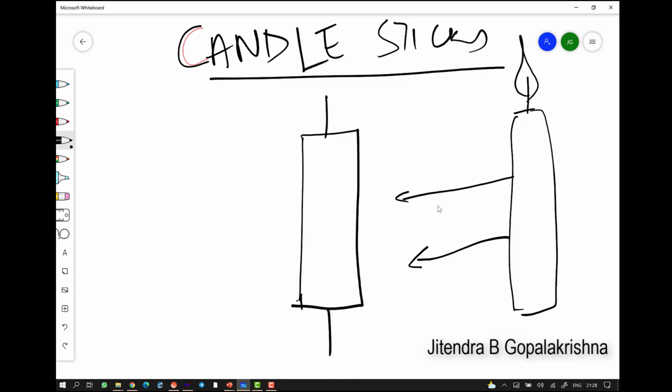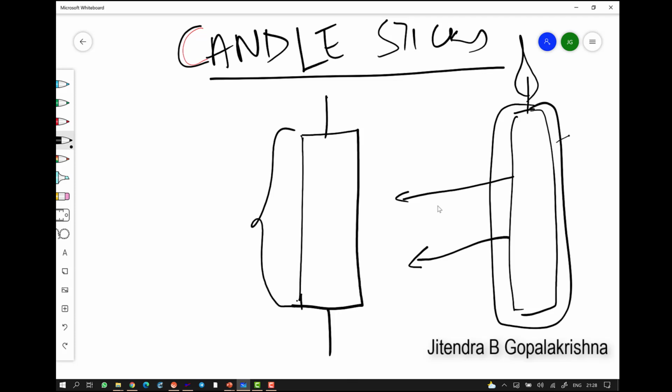Now the beauty of these candlesticks is that a normal candle has a body, and similarly this candle also has a body. So this part, from here to here, is called the body of the candle.